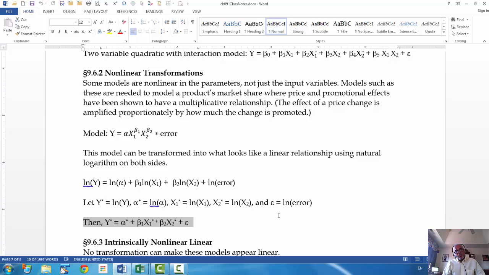Transform y into ln y, transform x sub 1 into ln x sub 1, ln x sub 2, and then fit the model. After fitting the model, you reverse all these logarithms, and the reverse of logarithm is exponential, exp, and that will work. So that's the second category, where the model is not linear at all, but you linearize it using some transformations.